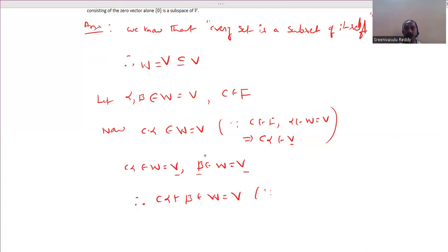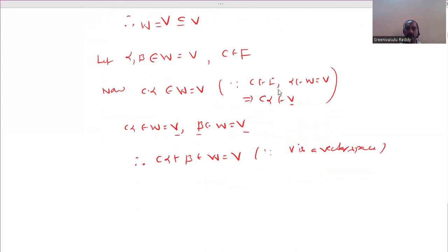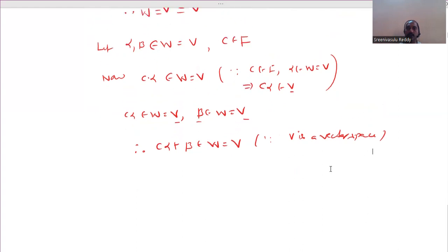Closure property means the sum of two vectors is also in the same vector space. Here we use closure property of scalar multiplication, and here closure property of addition.